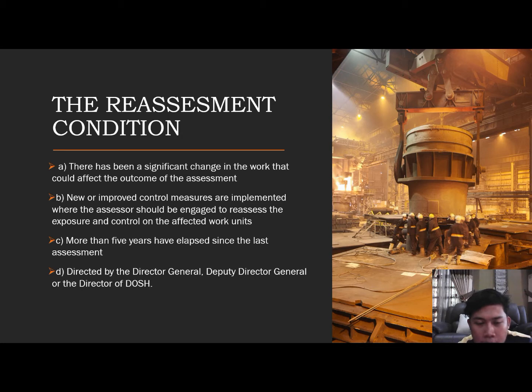The third is more than 5 years have elapsed since the last assessment, and lastly is directed by the Director General or the Deputy Director General or the Director of DOSH, which means the Department of Safety and Health.